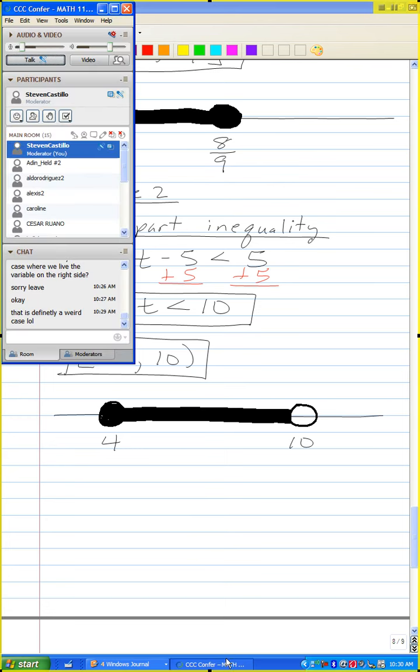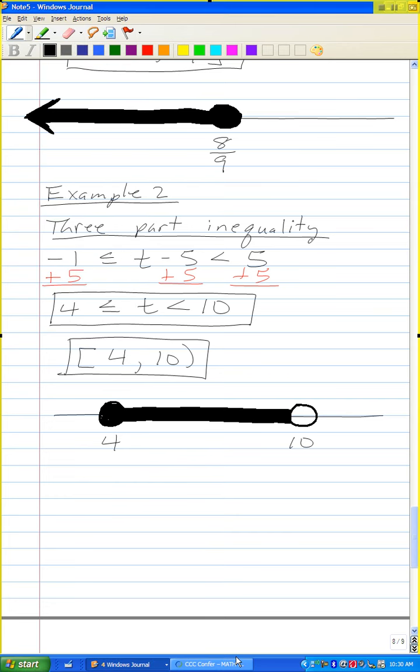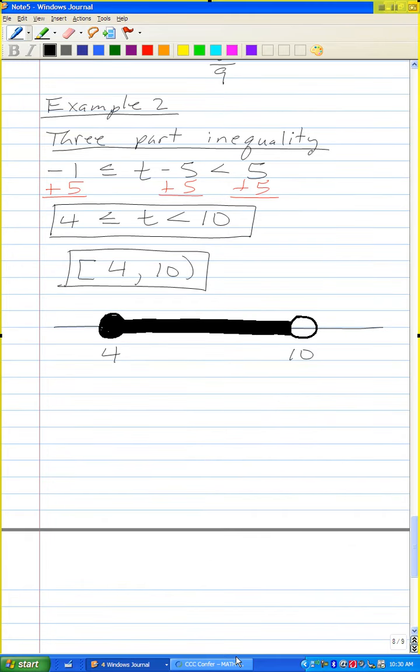You said, is there a weird case? So I'm like, oh, let me think of a weird case. Let me do another example, which is similarly sort of weird. So let's say negative 2 less than negative 2 times the quantity x plus 5 less than 10.